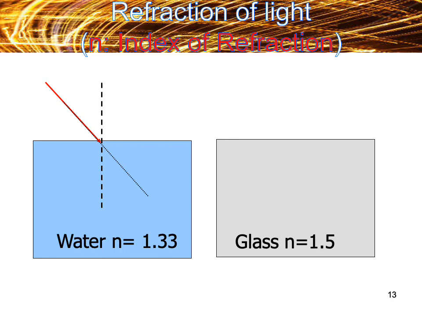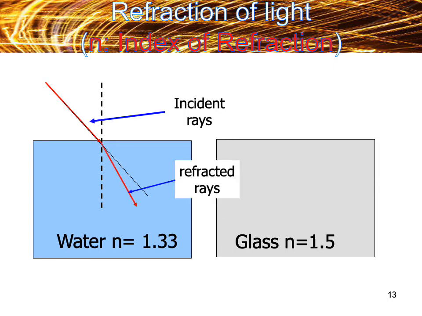So water has an index of refraction of about 1.33, while glass has a higher index of refraction. So what does this mean? It means that the refraction angle is stronger for the glass because n is greater. So it bends at the surface of the glass more strongly, more inward than water.